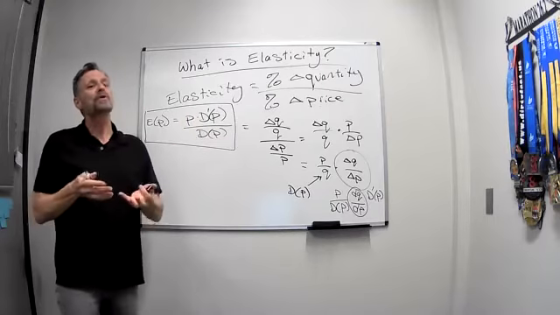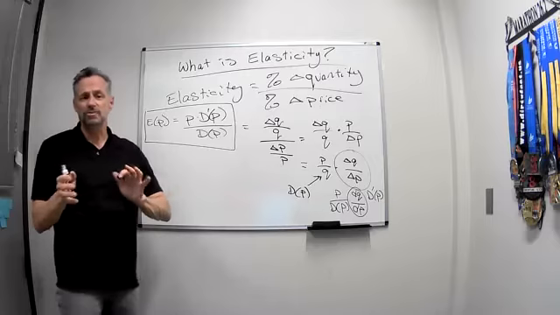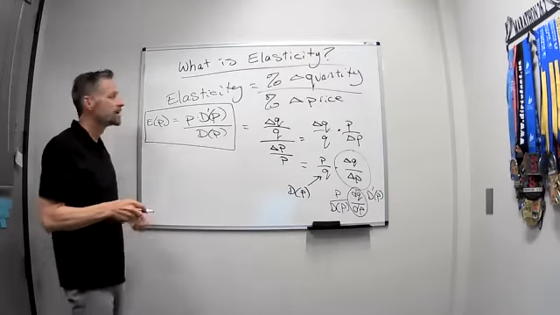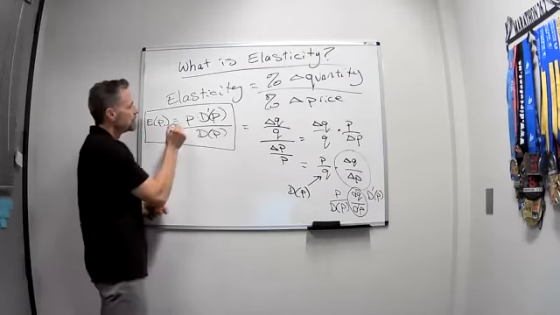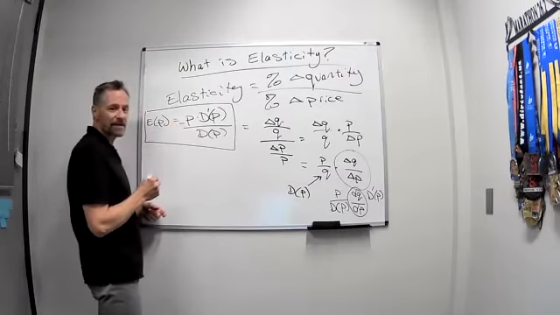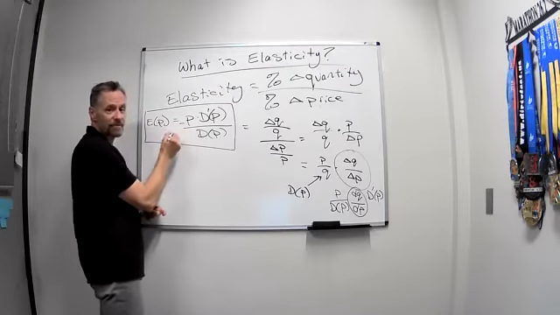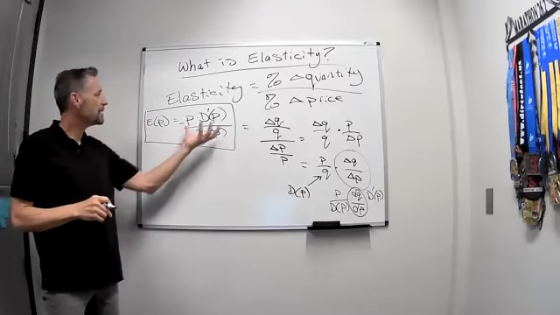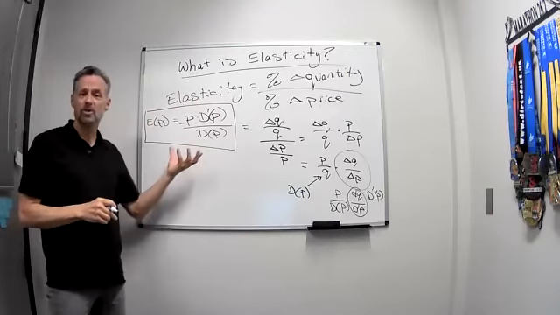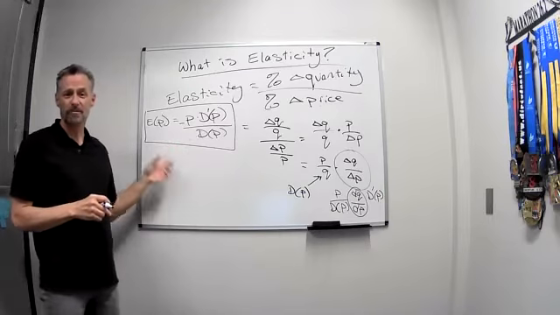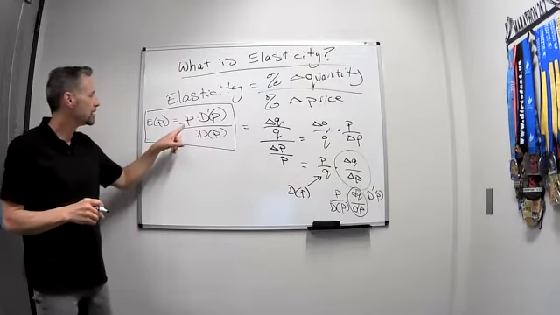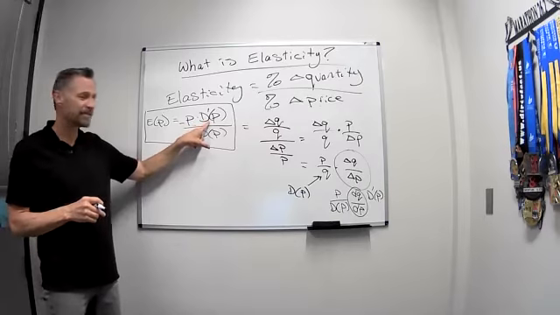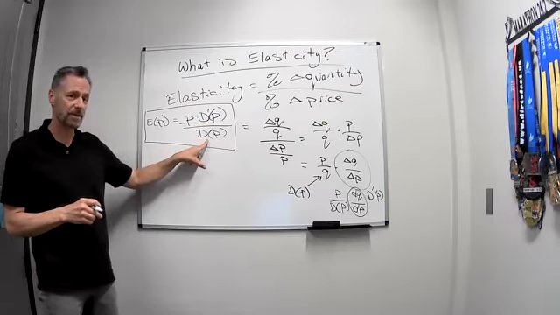In math, a lot of times we don't want that to be negative because then we have to worry about absolute values and things like that. So what they'll often do is put a negative right here, maybe in front of the fraction. We'll just put it up there to make it easy. But that's usually what they use as the formula for elasticity: negative price times the derivative of demand over the original demand function.